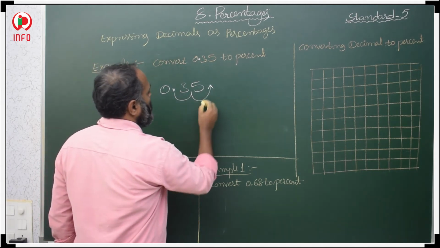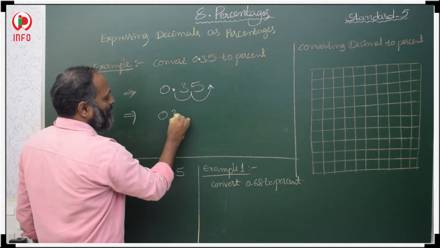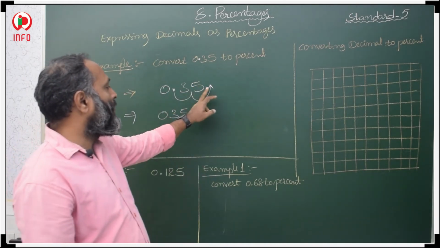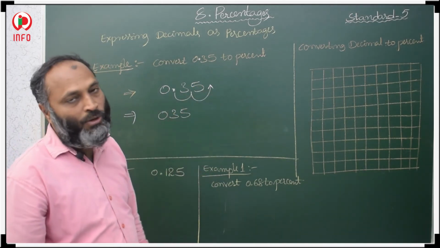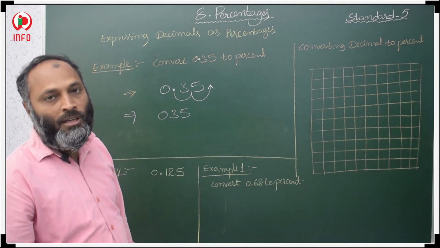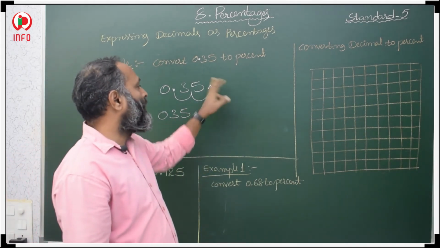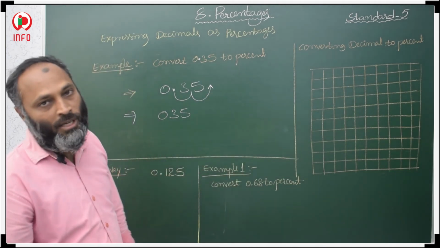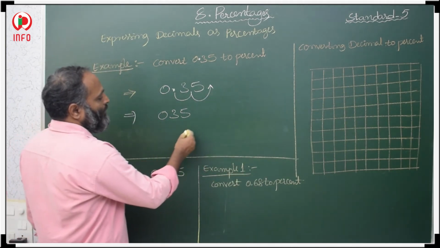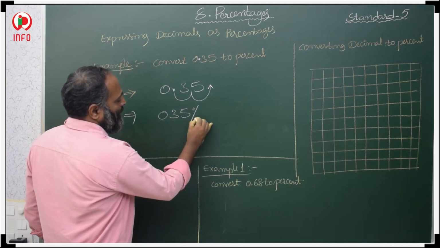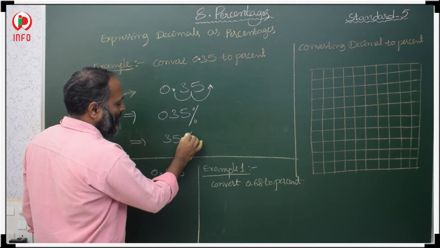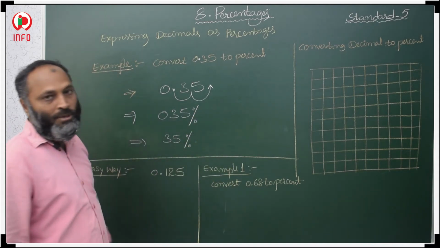Here we keep the point. After completing, if no numeral is left after the point, there is no need to keep it. If any numeral is there after it, then you keep the point. Otherwise, no need. So you keep the percentage symbol after that. 0.35 means 35%.